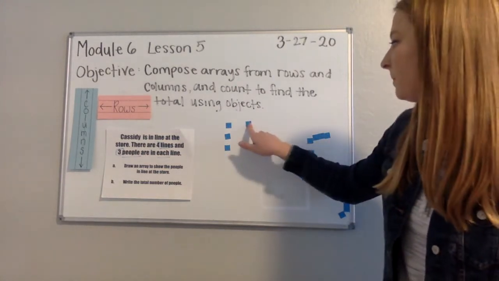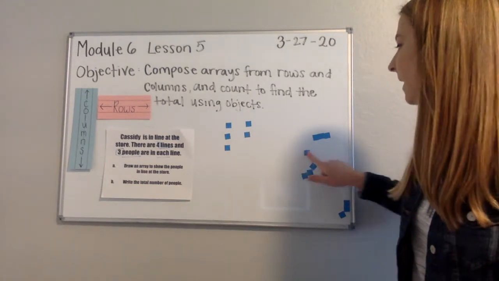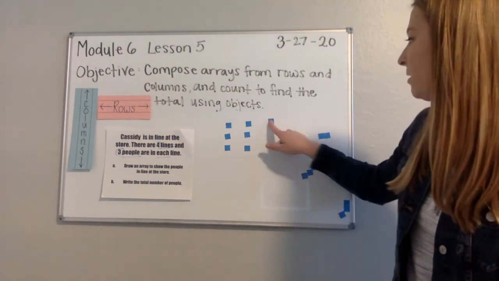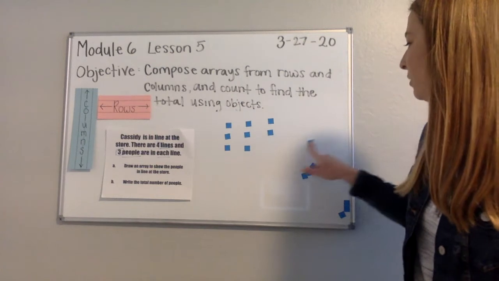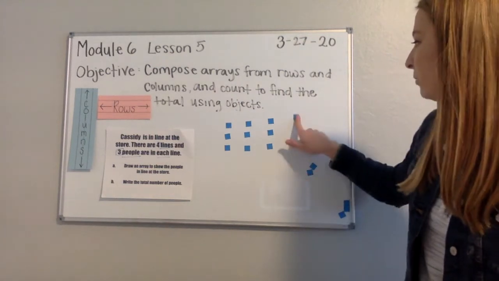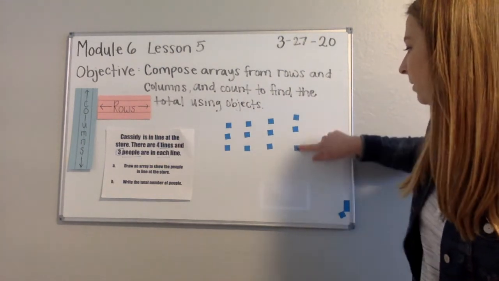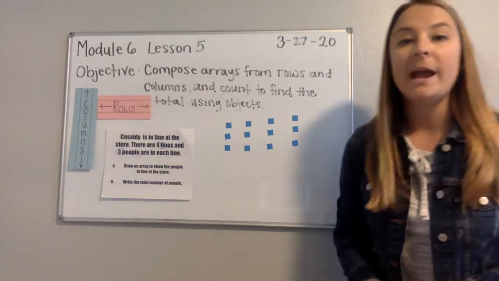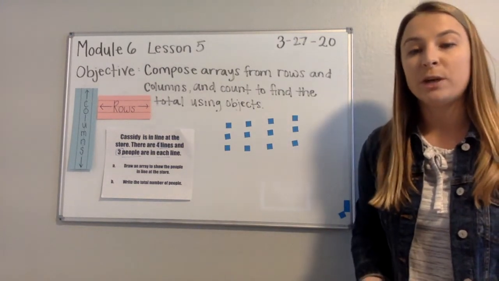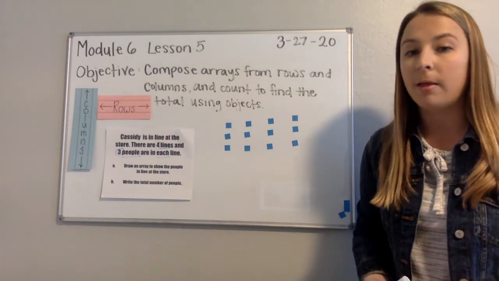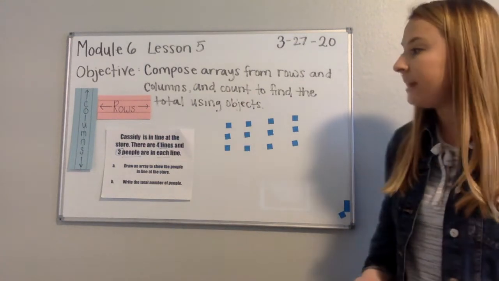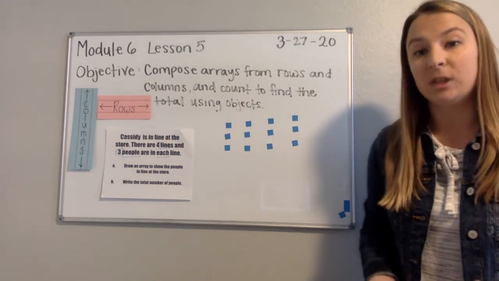I know that there are 3 people in the second line. I know that there are 3 people in the third line, and 3 people in the fourth line. I've now created an array to model what this question is asking. I have rows and columns. I have 4 lines, and I have 3 people in each line.